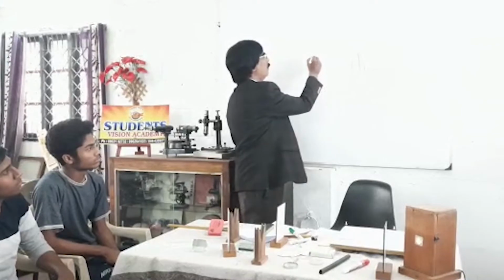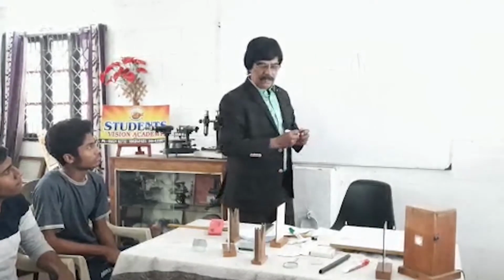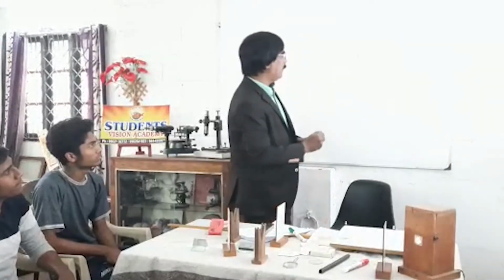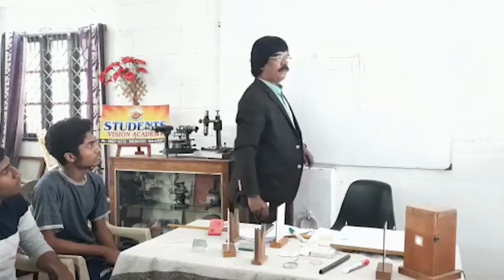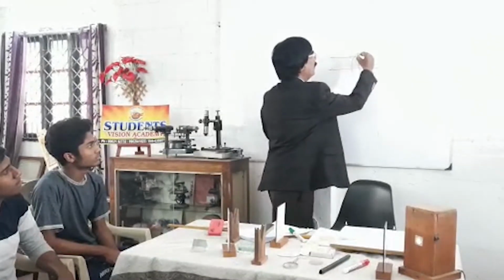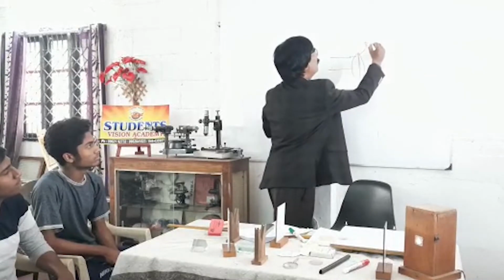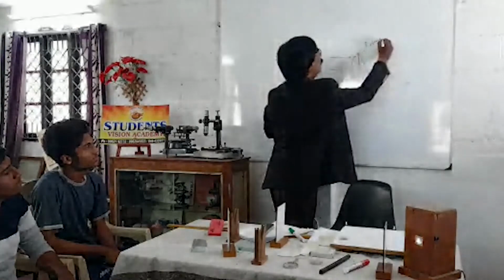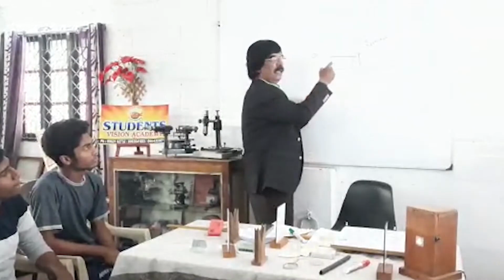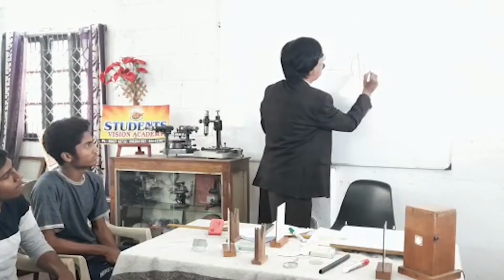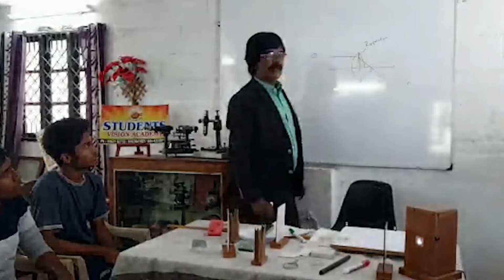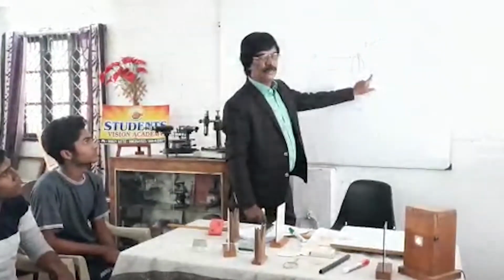The first rule is the rays which are passing parallel to the principal axis, after refraction, whenever light passes through the lens, travel towards the principal focus.